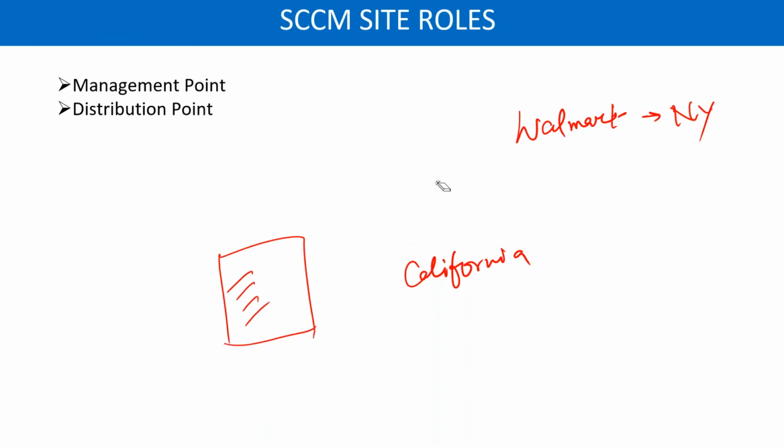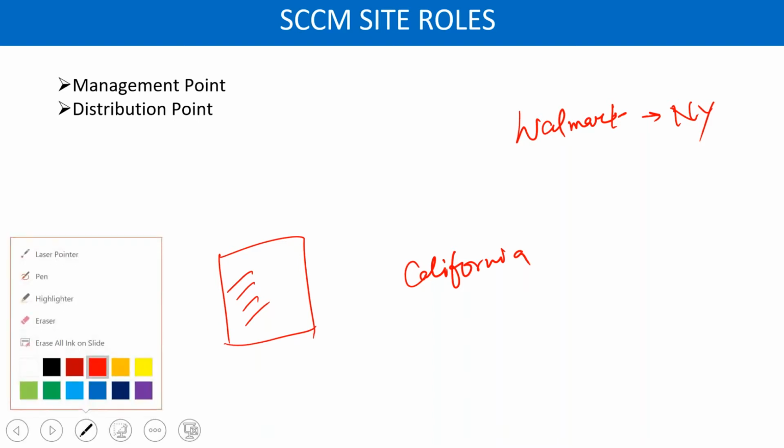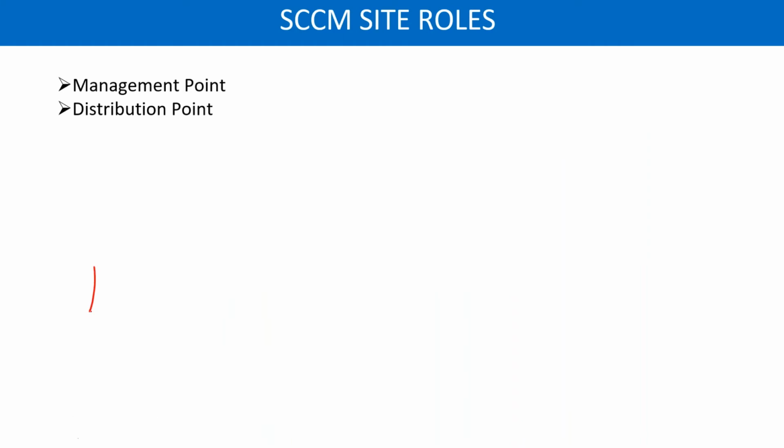Similarly, if you have a bank account somewhere, you can go to the nearby ATM to withdraw cash. So the computer does the same thing. You will have a distribution point for each location.